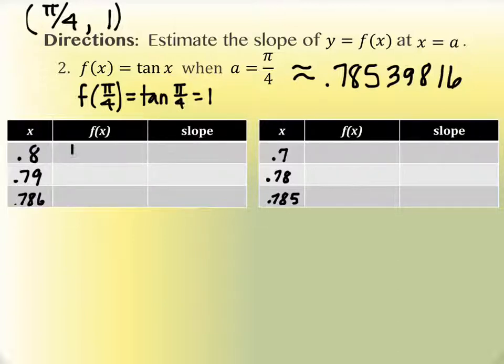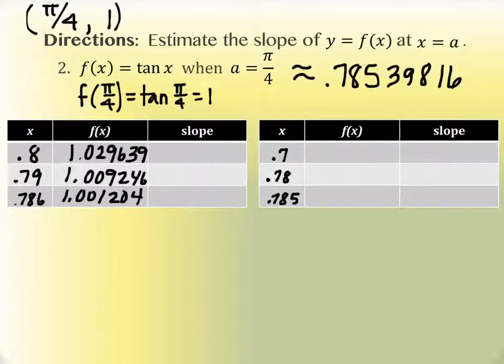So I have 1.029639, 1.009246, and 1.001204.